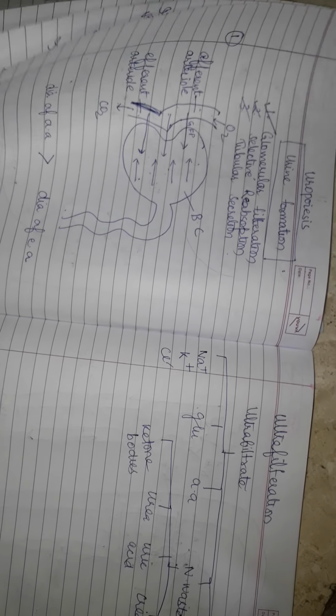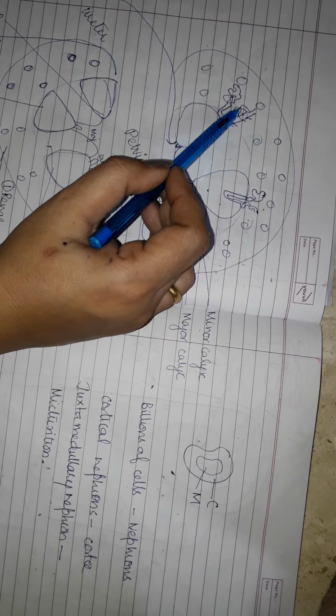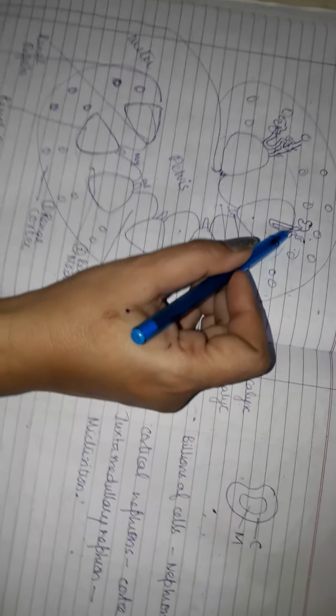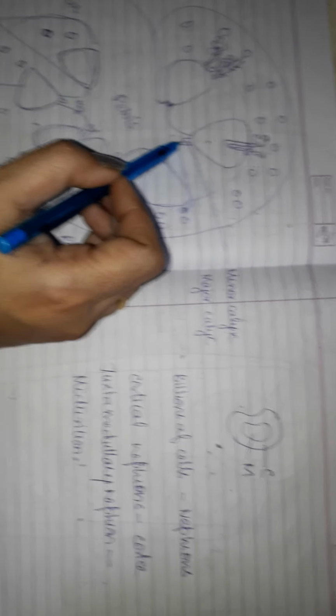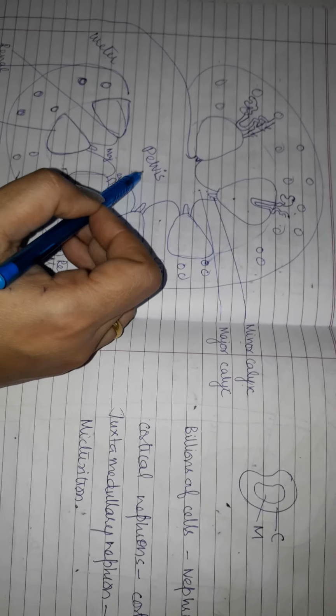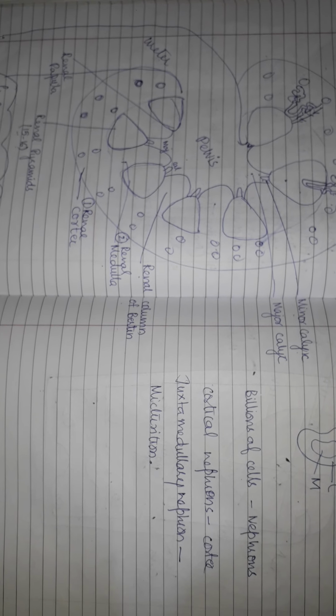Tubular secretion includes, that is the filtrate from the distal convoluted tubule enters into the collecting duct, from the collecting duct it enters into the renal medulla, from renal medulla it goes to minor calyx, to major calyx, to pelvis, then it enters the ureter, and from the ureter it will go into the urinary bladder and be stored inside the urinary bladder.